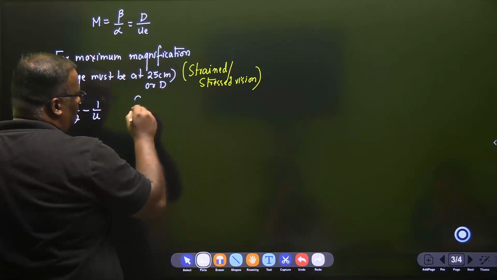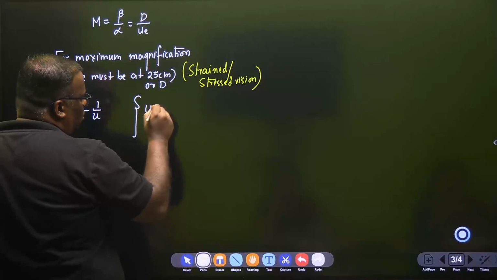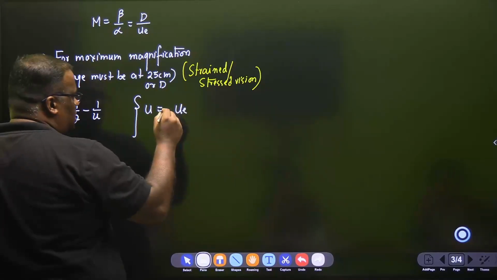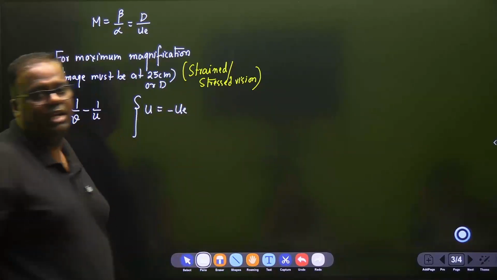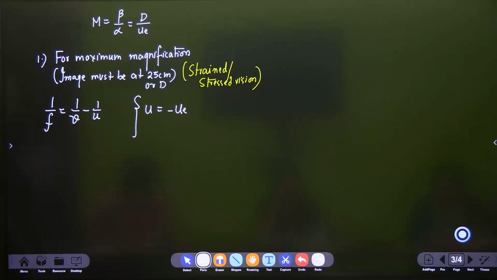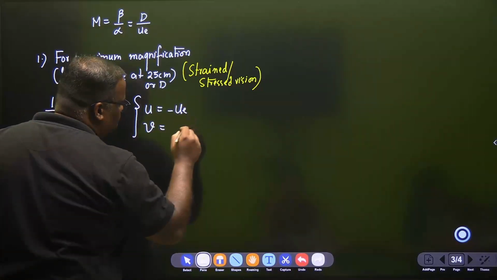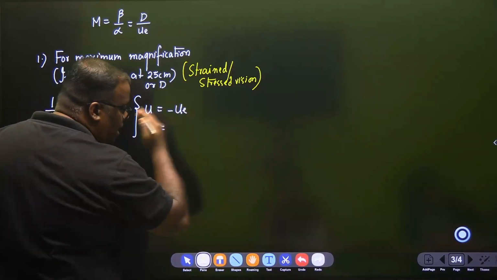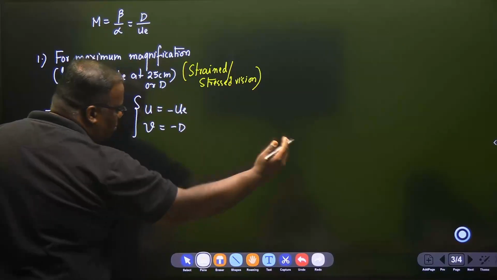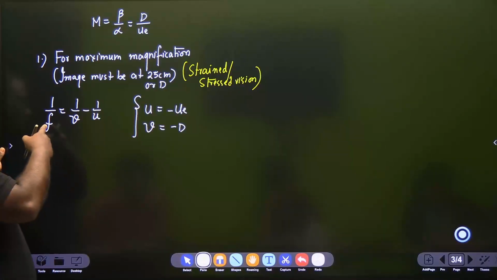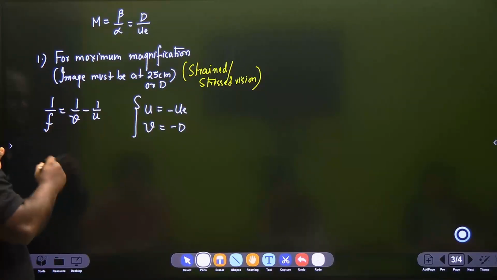So in this criteria, for this formula, the U is always the UE, but UE is measured on this side. Don't you think the U is negative of UE? Right? And what about the V? The V is at D, but D will be negative because you are measuring on this side. Arjun, clear? Try to put this in the formula. This F is the focal length of the hand lens that you are using.